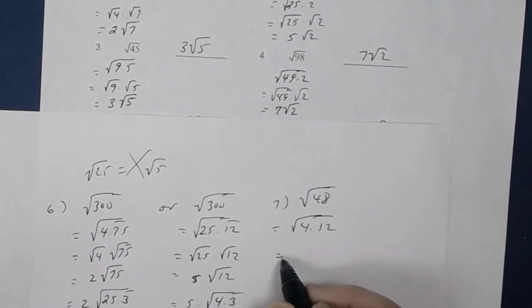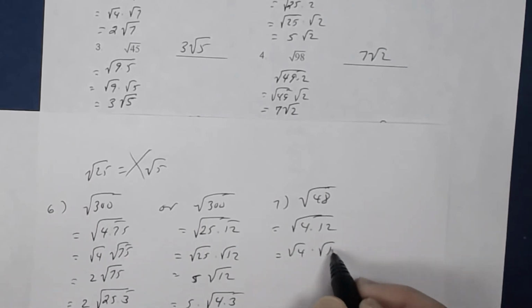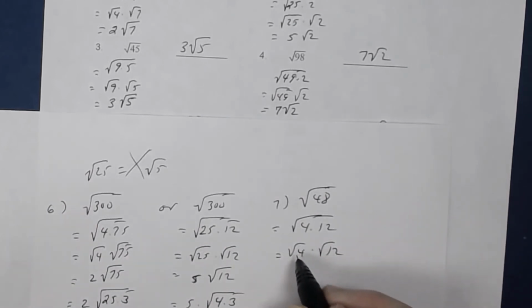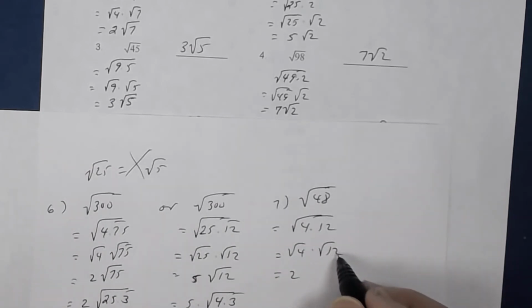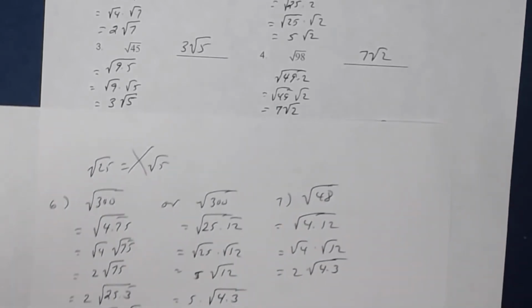And then I'm going to rewrite this as the square root of 4 times the square root of 12. 4 is a perfect square, so the square root of 4 is 2. Is 12 a perfect square? Nope, it is not. But is there a perfect square that goes into 12 besides 1? Yes, 4. So I'm going to write this as 4 times 3, right?